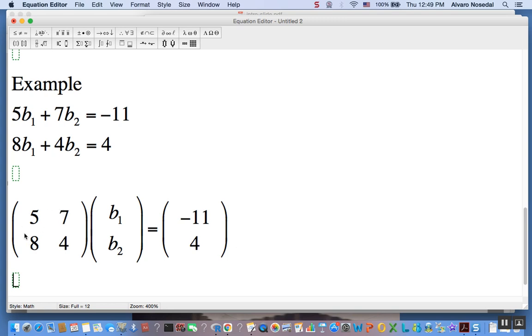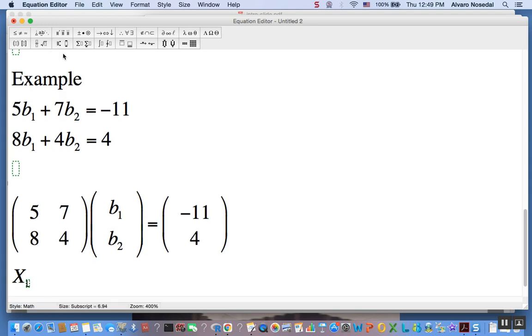We're going to use an X for that matrix there, X. And just to be very specific, let me write down the dimensions of that matrix X. It's a 2 by 2 clearly.